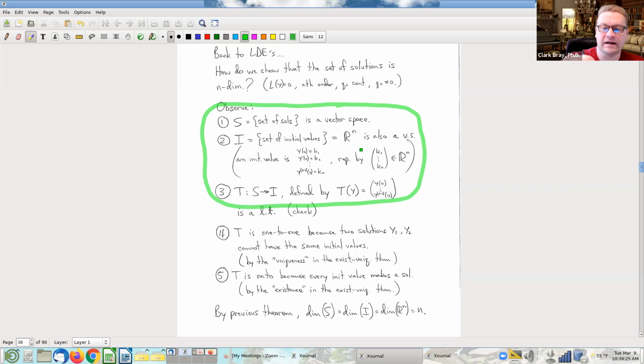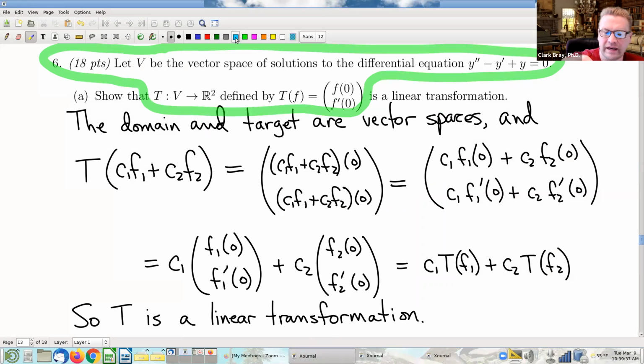Now, while we're here, I'll observe that the next thing that we did in the proof is to check that this thing that we claim is a linear transformation actually is a linear transformation. So notice that part A of the question is to show that it is a linear transformation.